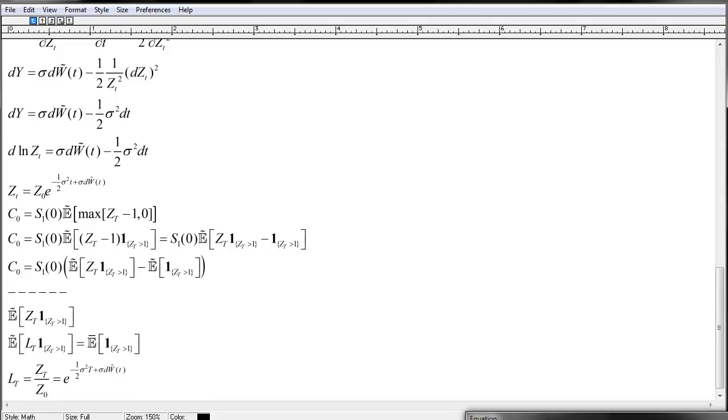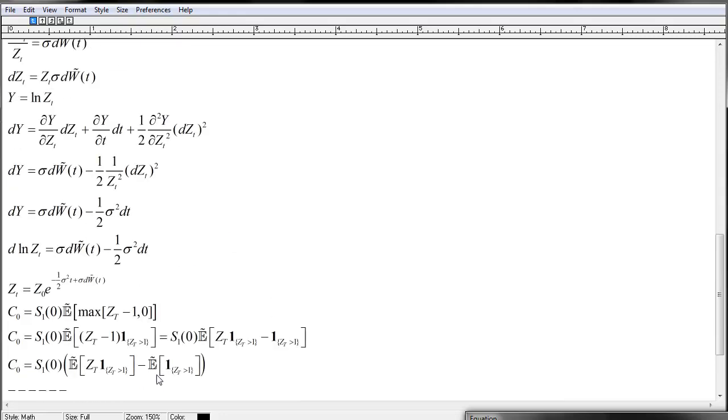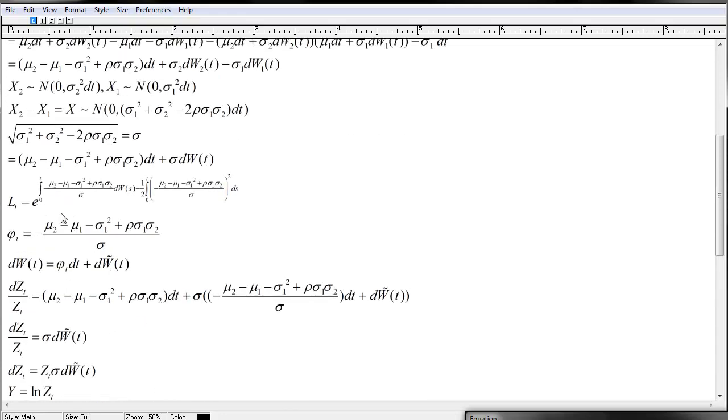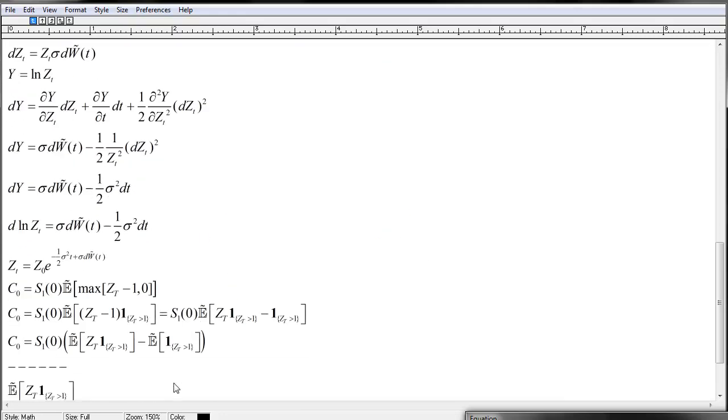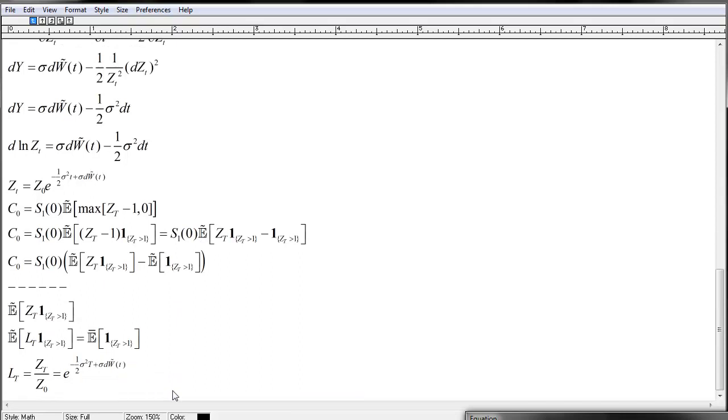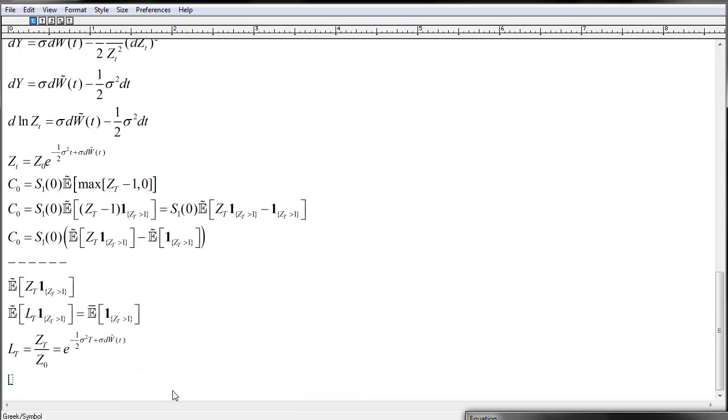Now we can identify the Radon-Nikodym derivative where the kernel is sigma.